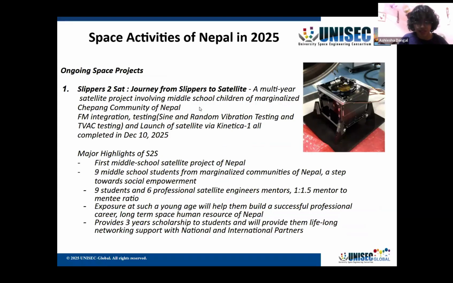The major space project that happened this year in Nepal was Slippers to Sat, which completed its launch on December 10, actually, which was not very long ago. It was a middle school satellite project, and 9 members from marginalized communities of Nepal actually participated in making the CubeSat.